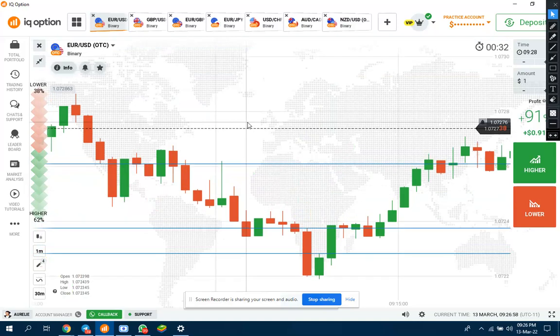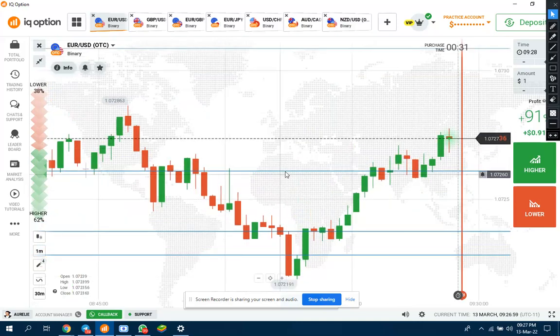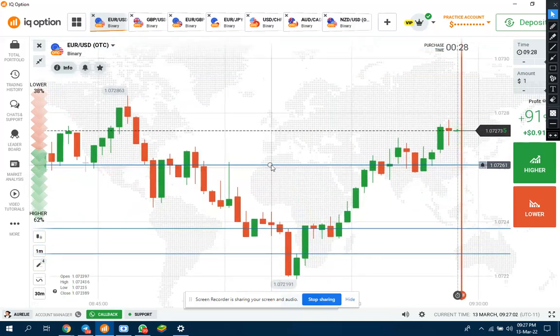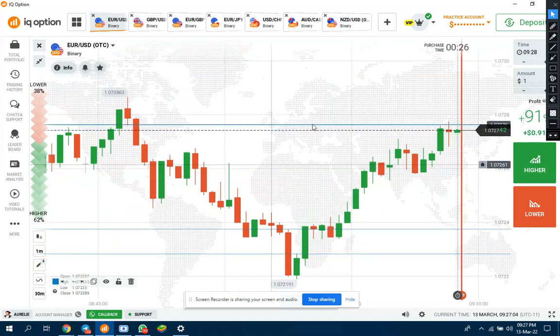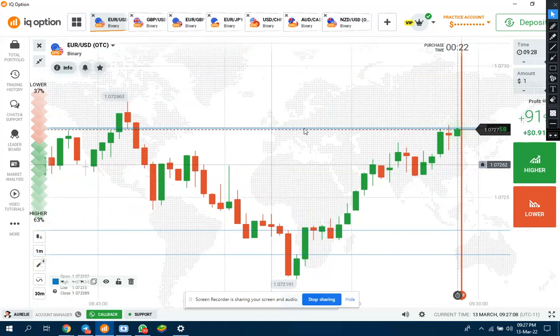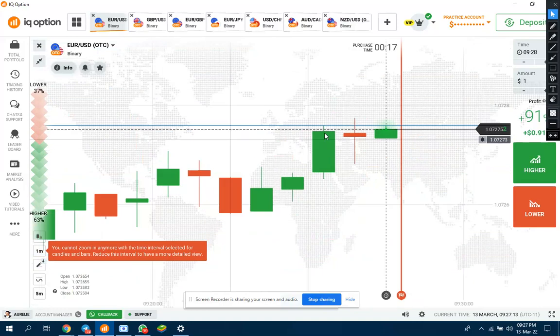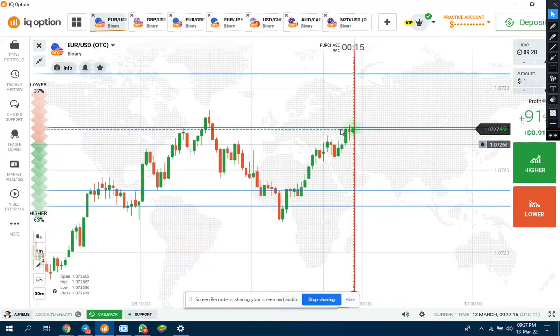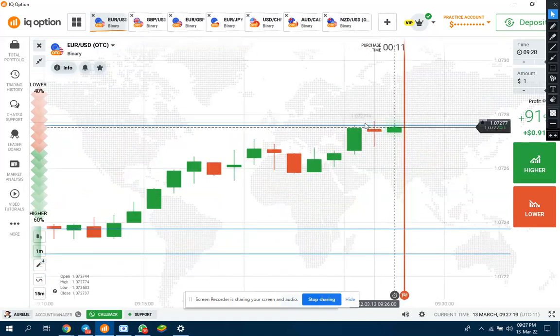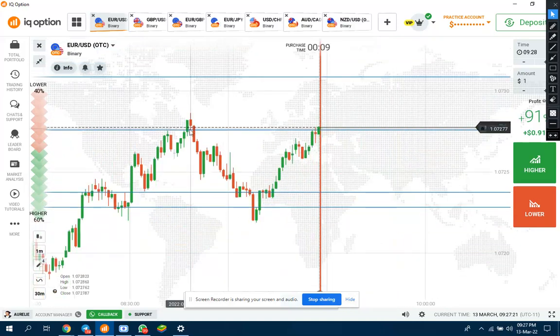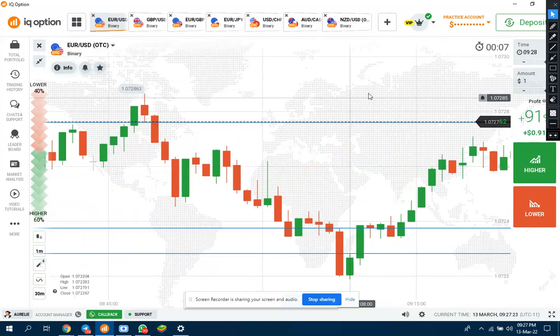Okay, I think there's no other opportunity. Okay, this is another level. Here there's no breakout. The candle didn't break the level, didn't break the upper level.